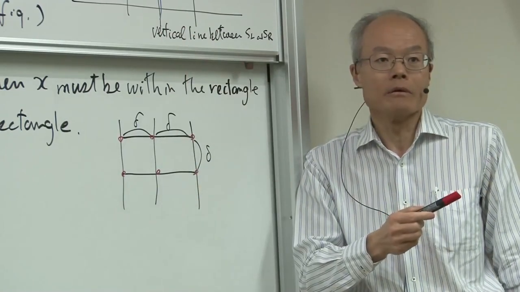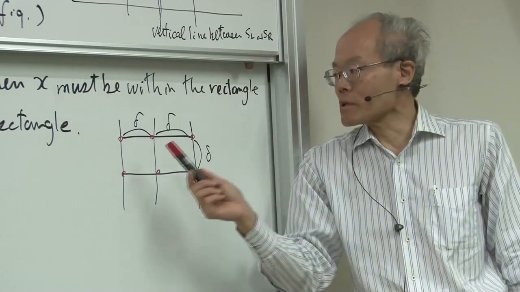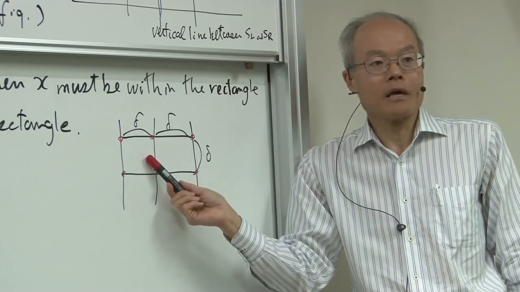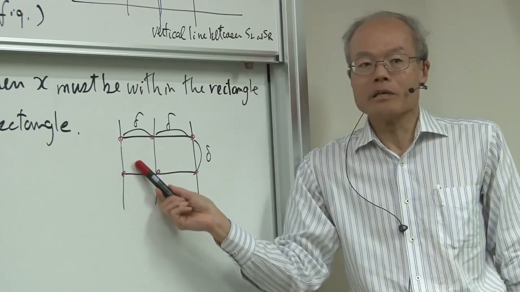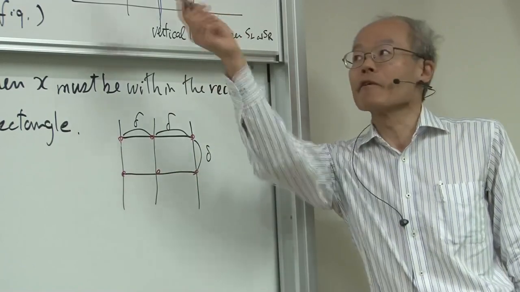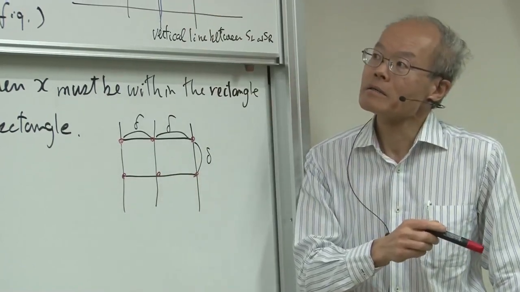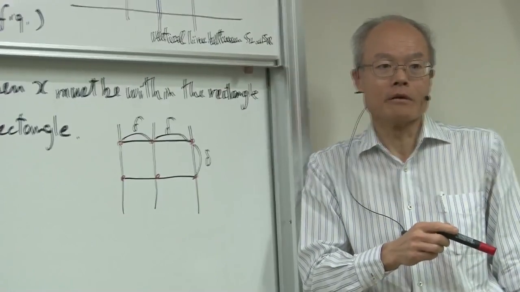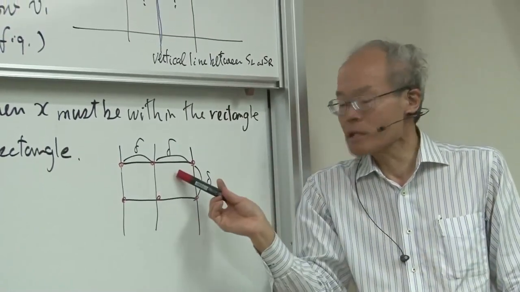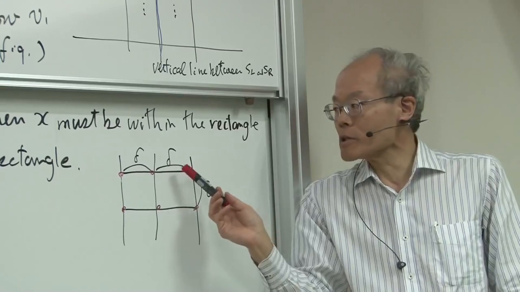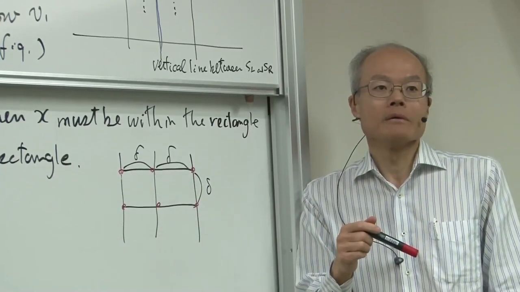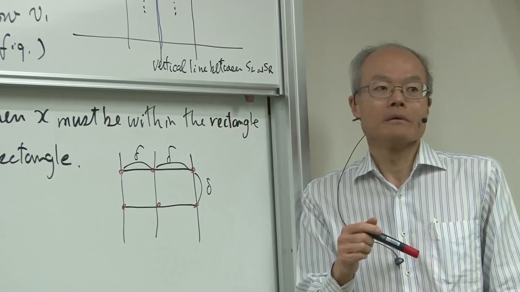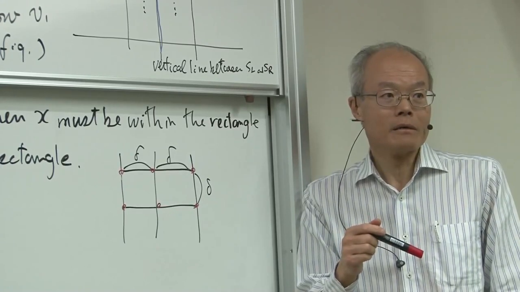If you put the 7th point here, then it is less than delta again, and should have come from step 5 or 4. So this is the worst case. You can put 6 points in this rectangle, but no 7th. Clear? Good.